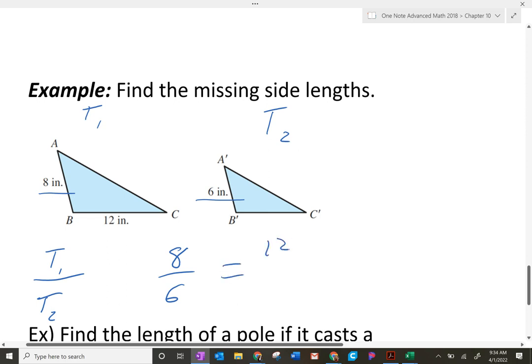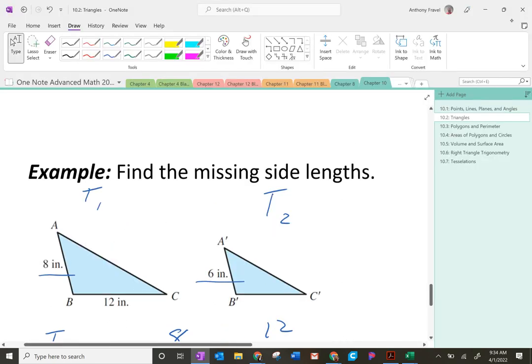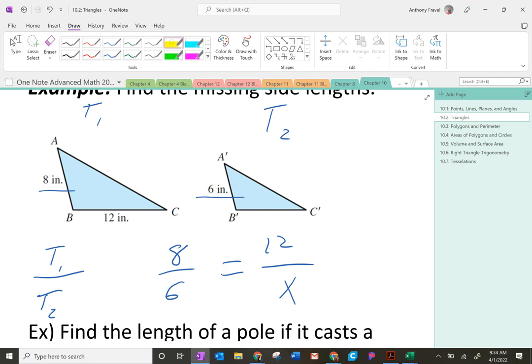I have 12, and I don't know what the bottom of the other triangle is. X. Perfect. If I don't know it, I can give it a variable. I can give it an X. And taking it way back to years ago, I'm going to cross multiply and divide.